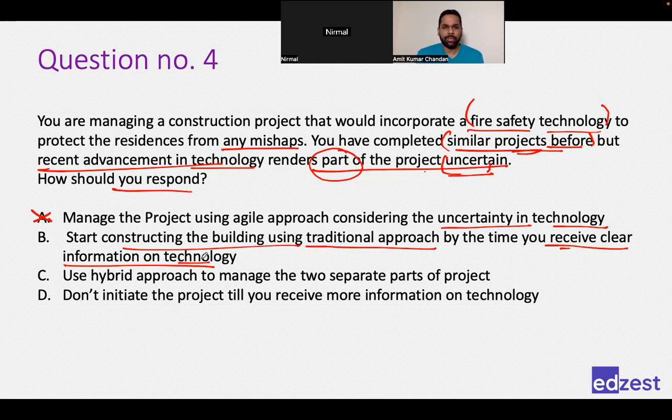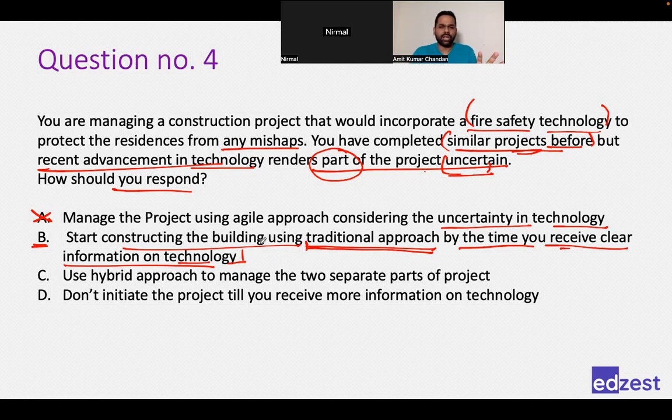By the time we complete it, we don't have that information available. This is like continuing the project using a particular approach and then waiting till I receive information on technology, without knowing how much we will have to wait. It looks like an okay option, but if other options are worse than this, then we will select this. Otherwise, this does not look like the correct one. We cannot immediately eliminate it.